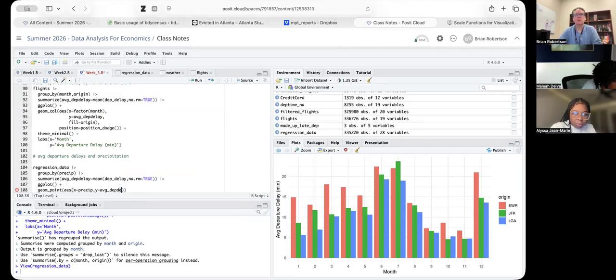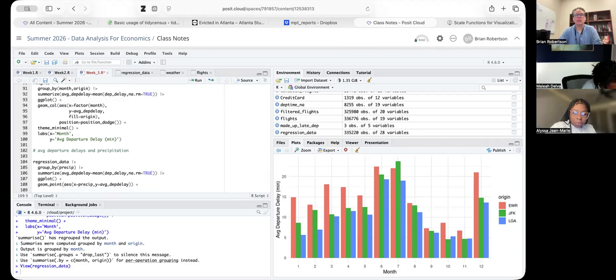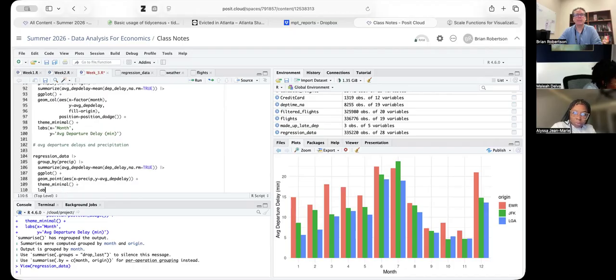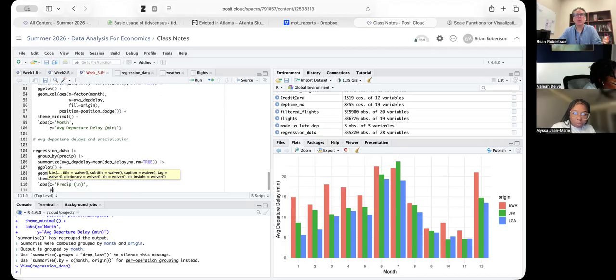Depth delay. And I'm going to do a theme_minimal. And I'm going to do a labs: x equals precip inches, y equals average departure delay in minutes.